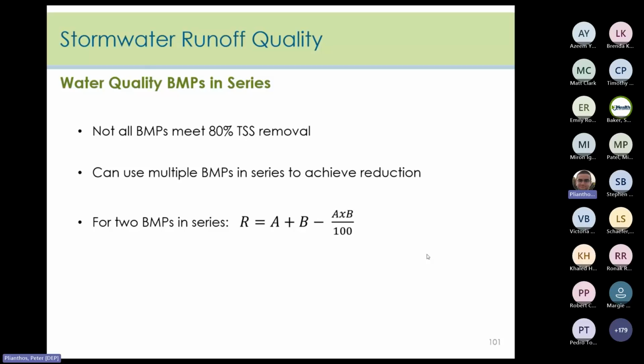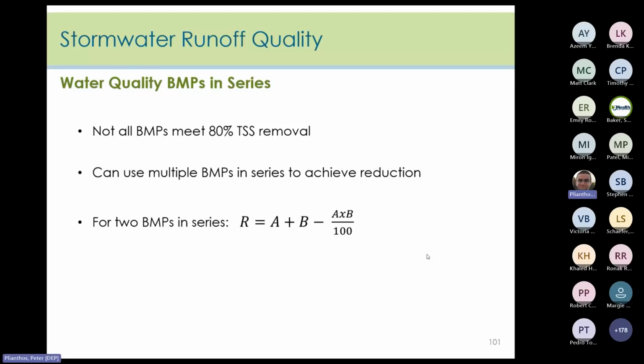Now, sometimes BMPs are used in series, meaning one right after another, like a treatment train to obtain the needed TSS removal rate. Because remember, not all BMPs give 80% TSS removal, and discharge within a 300-foot riparian zone requires 95% TSS removal.